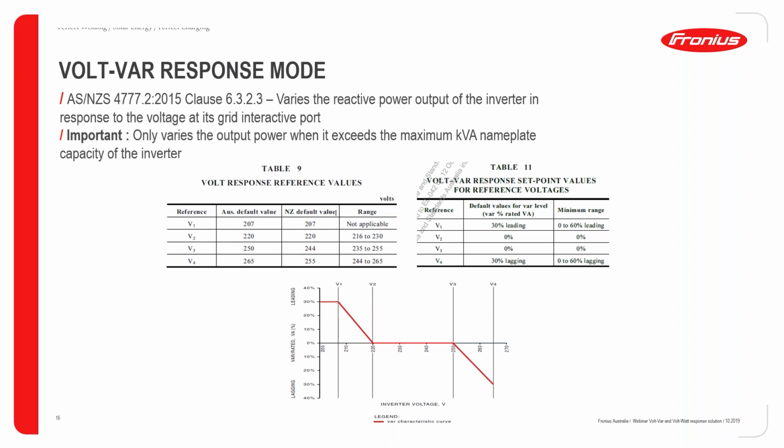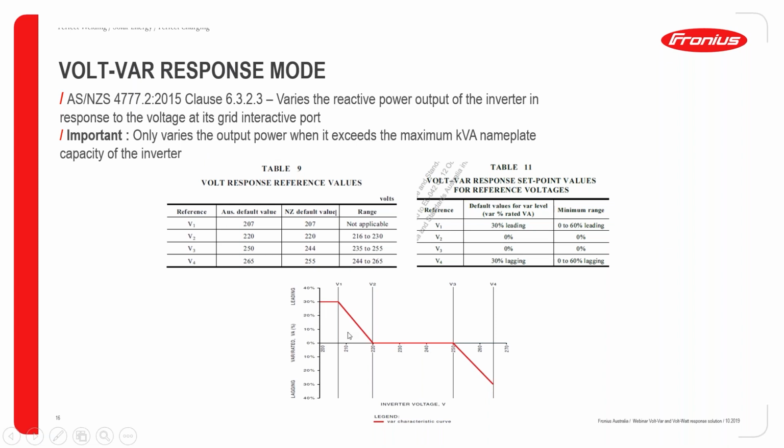Then this Volt-VAR response mode is activated on the inverter. But when the inverter is producing, for example, 2.5 kilowatt from a 5 kilowatt inverter, then the Volt-VAR response mode is not activated. So that's why there's an important note here. Really important to consider that.